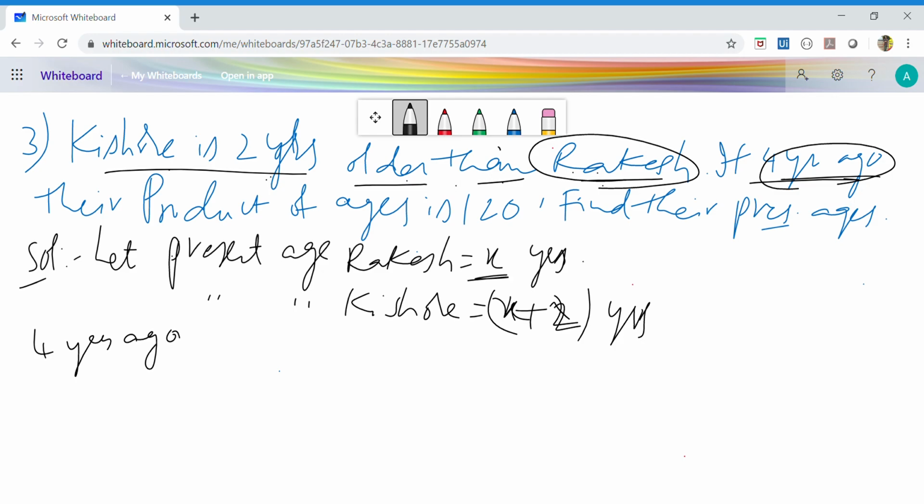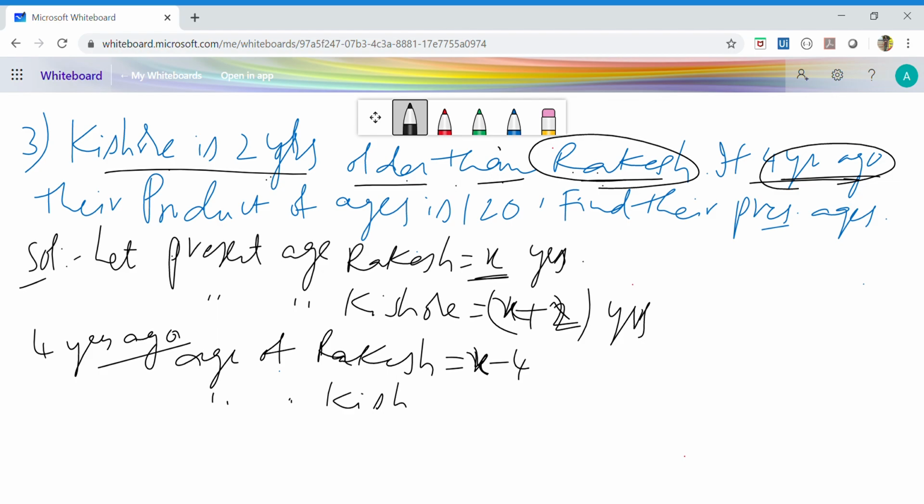Therefore, 4 years ago, age of Rakesh is x minus 4. Age of Kishore becomes, you have to subtract 4 from that, x plus 2 minus 4, which becomes x minus 2 years.